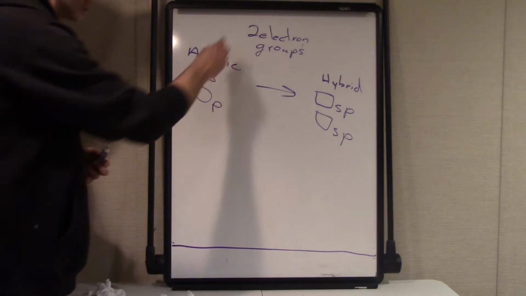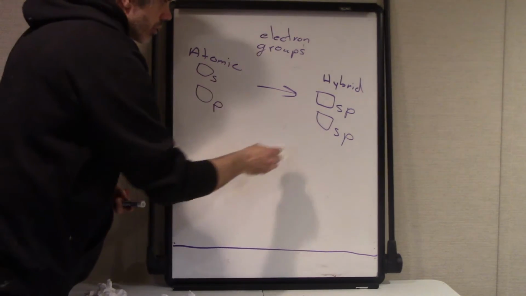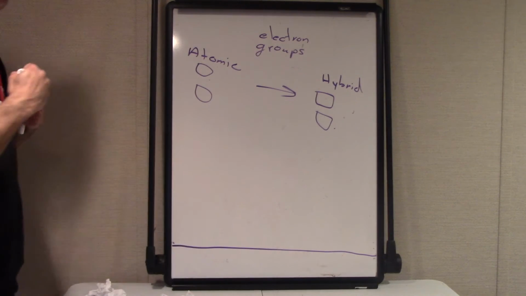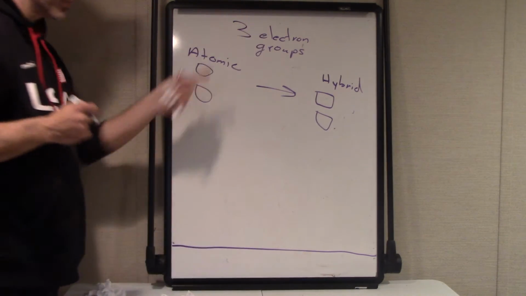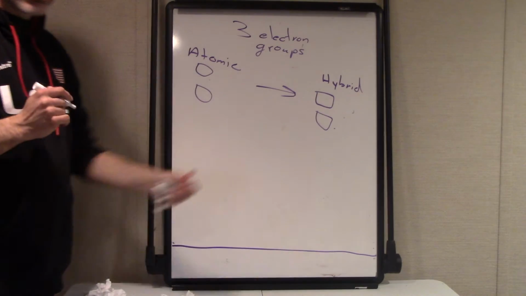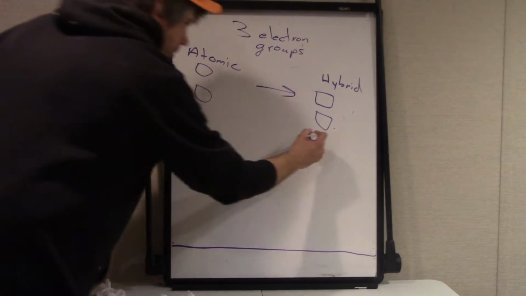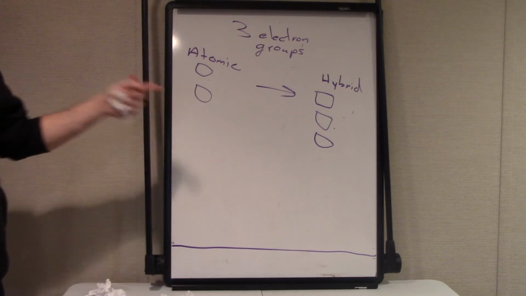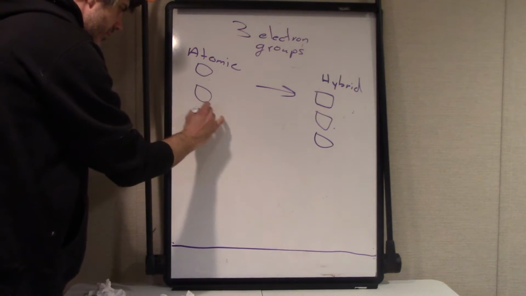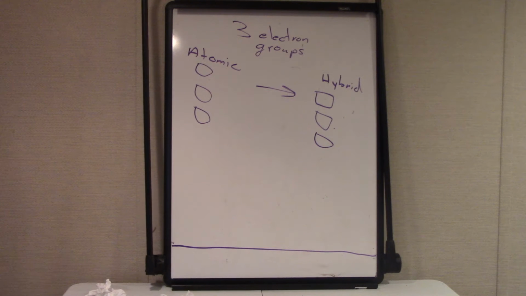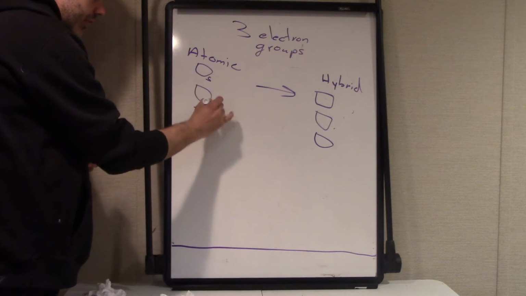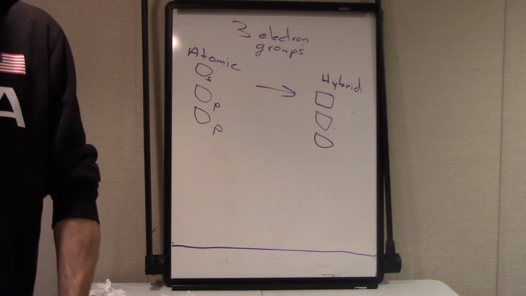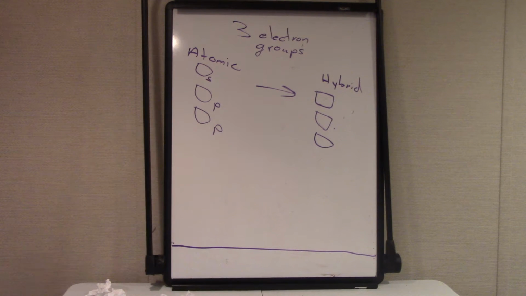Now I'm just going to continue this pattern all the way through 6 as well. So now if we do this for three electron groups, three electron groups means I now need three hybrid orbitals. Three hybrid orbitals had better come from three atomic orbitals. Which atomic orbitals should I use? Always start with the s, then go to your p's. Remember, for some of these I'm going to have leftover p's that are unhybridized. I'm holding them in reserve.